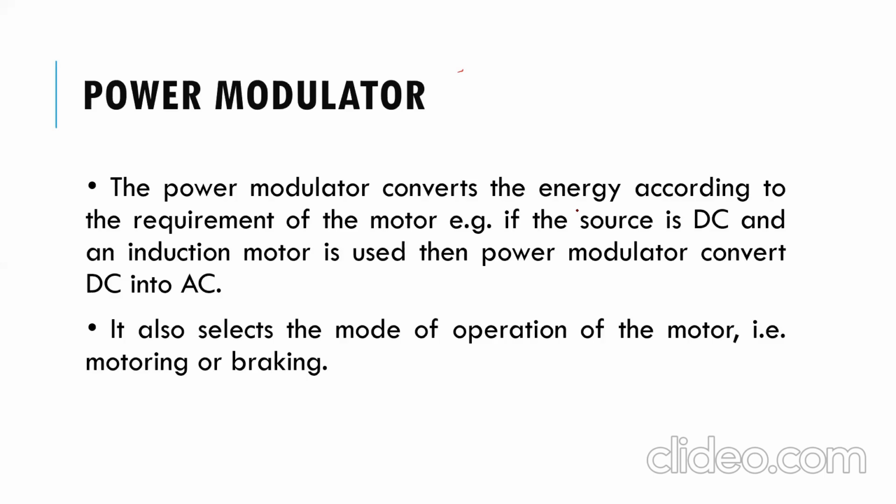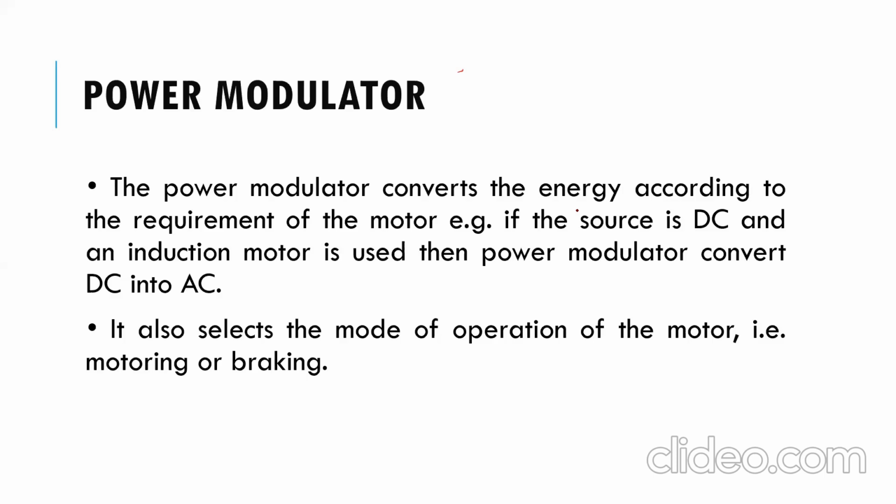For a rectifier to work as an inverter, the firing angle alpha must be greater than 90 degrees. And the thyristors are unidirectional switches, means what? You cannot reverse the current.